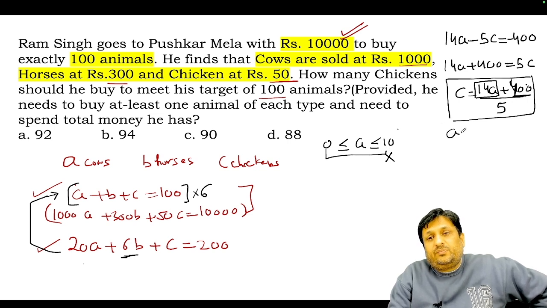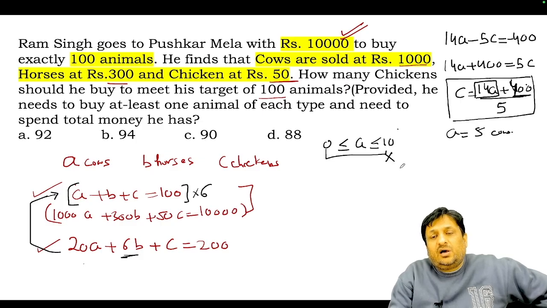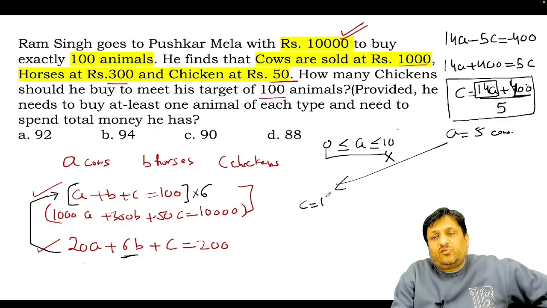So if I put A as 5, if he is buying 5 cows, how many chickens will he buy? C will be 14 multiplied by 5 plus 400, divided by 5. So it will be 470 by 5, which is 94.